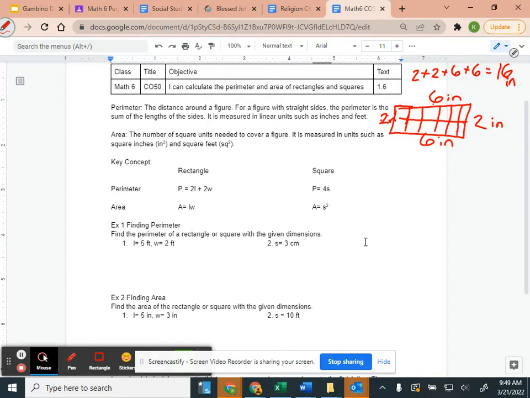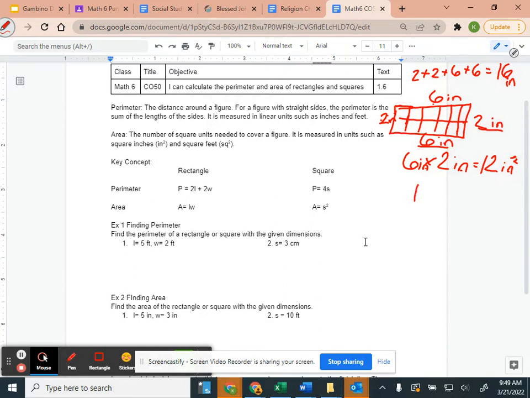We're dividing it up into those little squares, and instead of having to count each square, we can do it by multiplying the length by the width. So our length by our width, 6 times 2 equals 12. Now, because we're multiplying our measurements, that's where we get the square. 12 inches squared. Because we're multiplying inches by inches, it's inches squared.